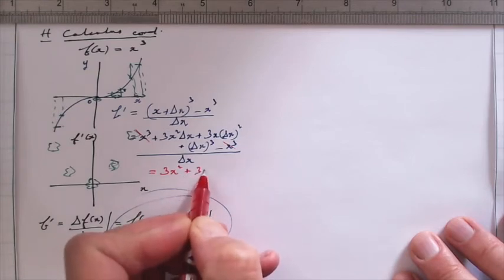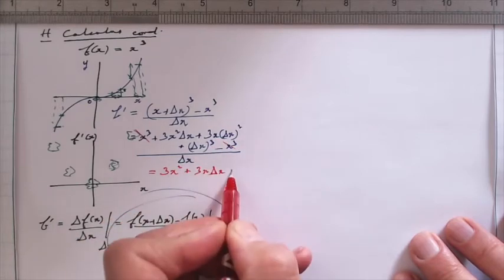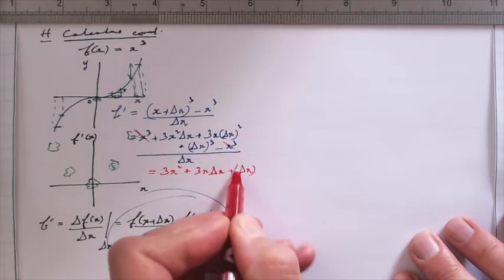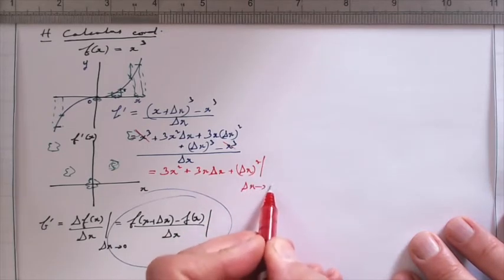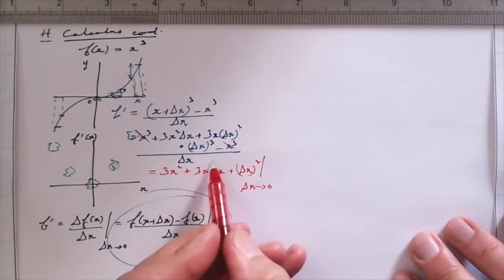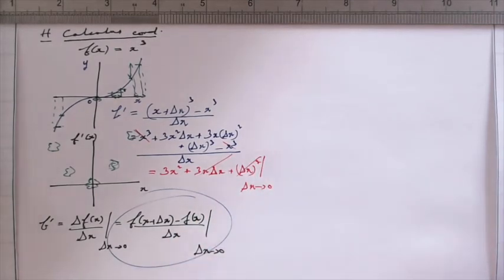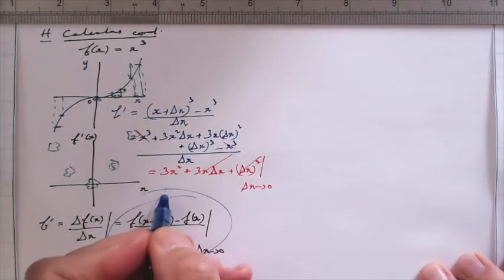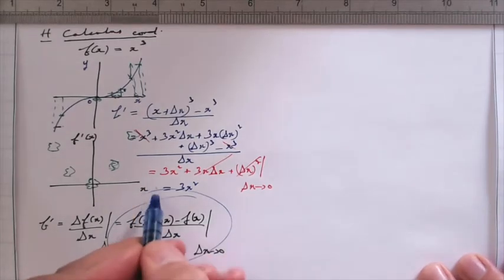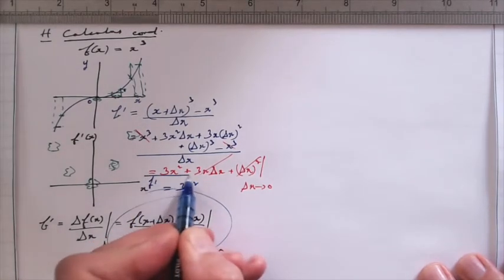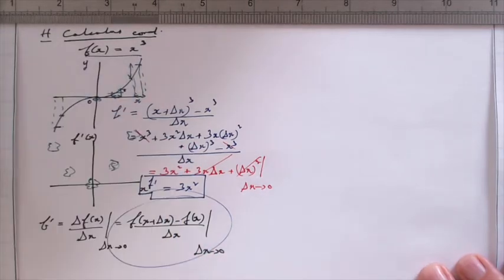We get 3x times delta x from that term, and finally this last term gives us delta x squared. And then at the end of this, we want to take delta x to 0. So these two terms will vanish when we take delta x to 0, and we are left with the answer, which is 3x squared. So that is the form of the derivative of the function f is x cubed.